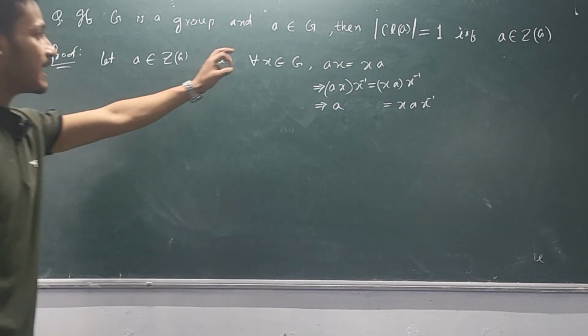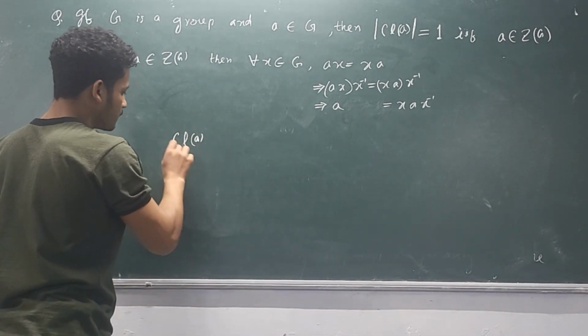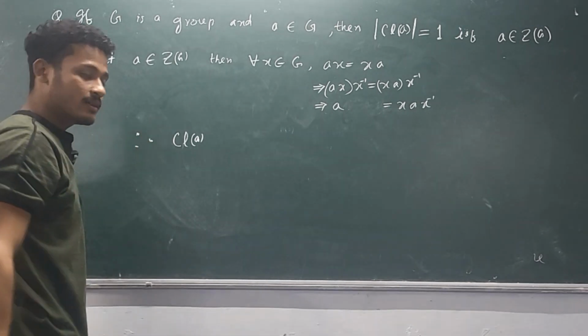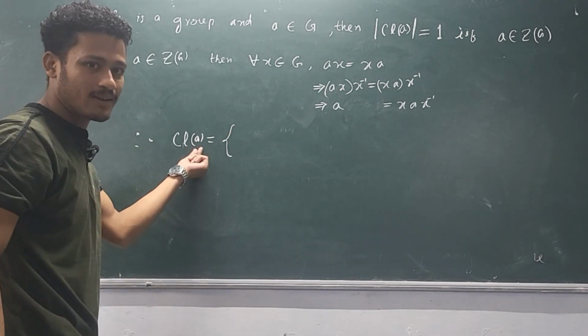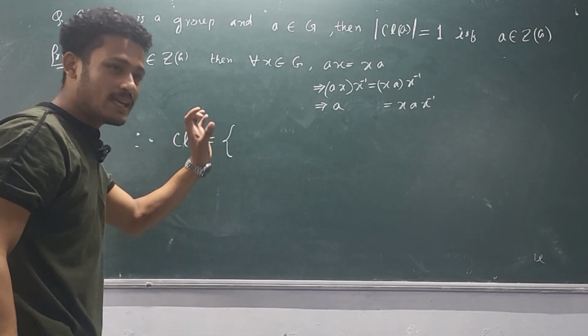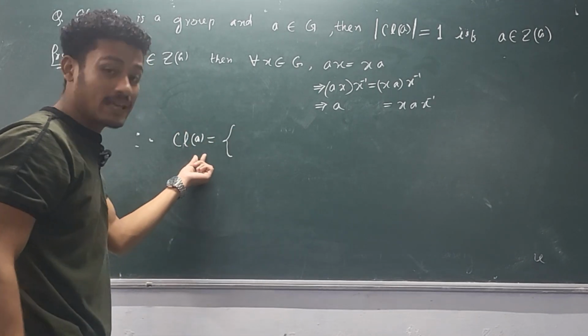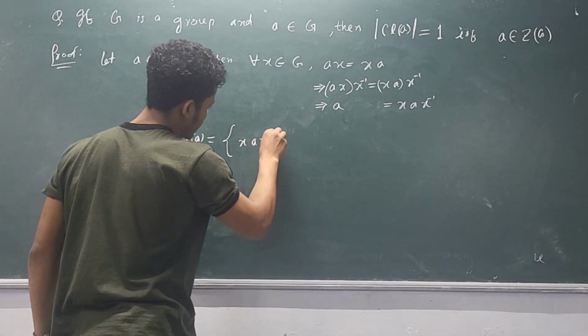But what is Cl(A)? We know Cl(A) is the collection of all conjugates of A. And what are conjugates? If an element B is a conjugate of A, then B can be written as XAX inverse.